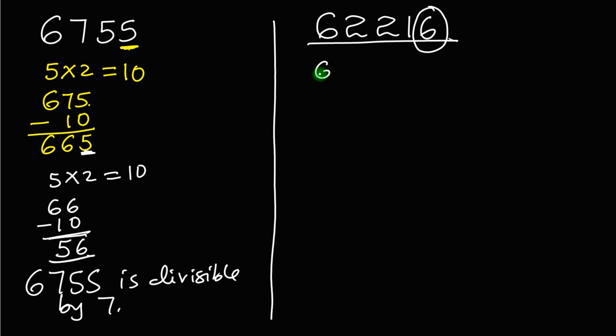We double it. 6 times 2, that is 12. The remaining digits, that is 6,221 minus 12. If we subtract, we get 6209. Since this number is still large, we can repeat the same process.